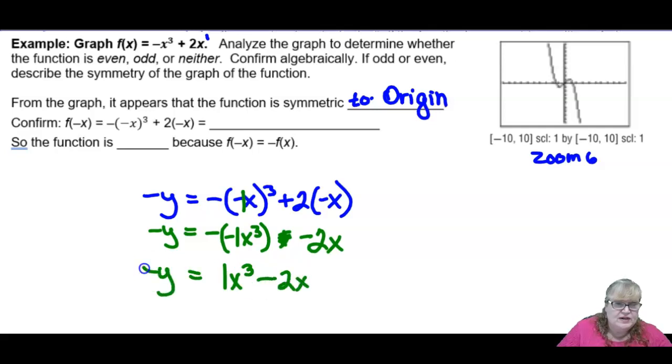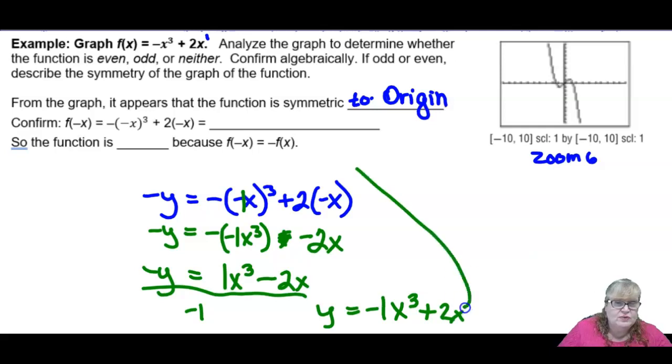But remember, we started out, we had to put in an opposite over here. So if we divide everything by negative 1, we get y equals negative 1x cubed and a plus 2x, which is what we started with way up here. So therefore, changing the signs on both eventually got us back to what we started with.